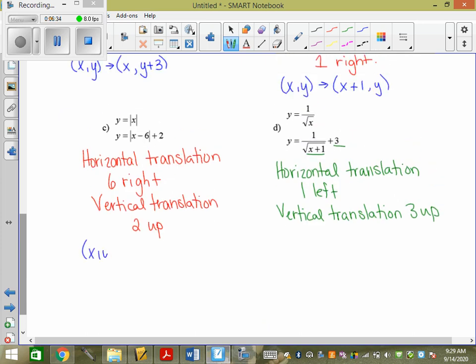This one, x, y becomes, I want to move my x 6 right, so I'm going to add 6. My vertical 2 up, so I'm going to add 2. And then this one, my horizontal translation, I'm going to go 1 left. So I want to go x and subtract 1 to make it move left. And vertical, I want to move 3 up. So I'm going to go y plus 3.